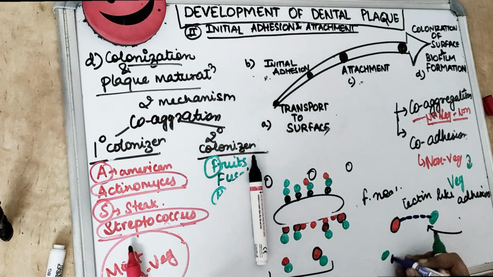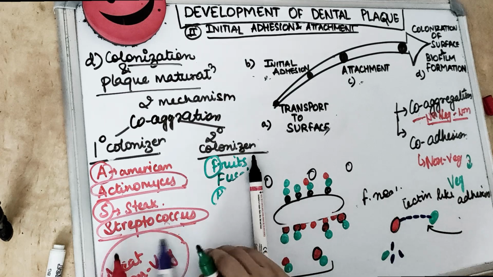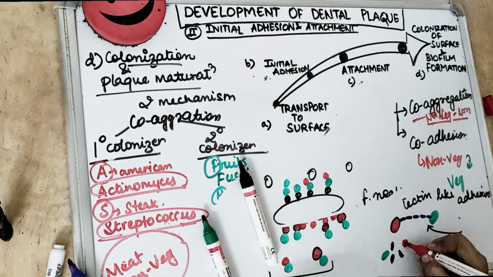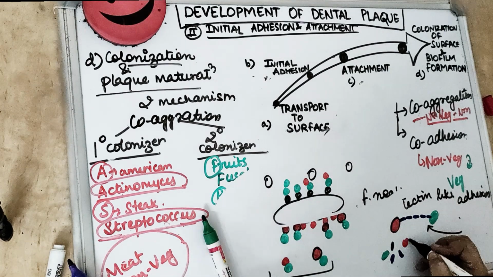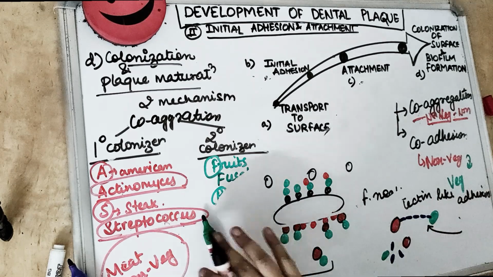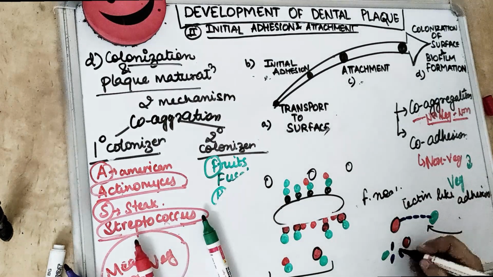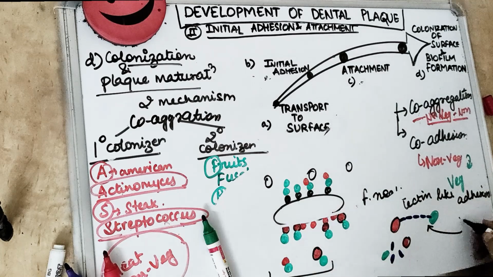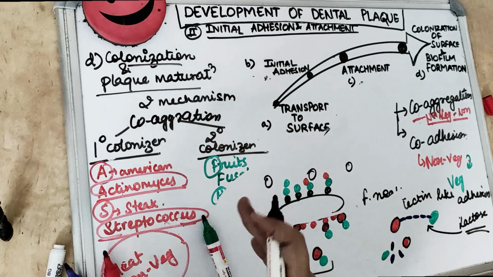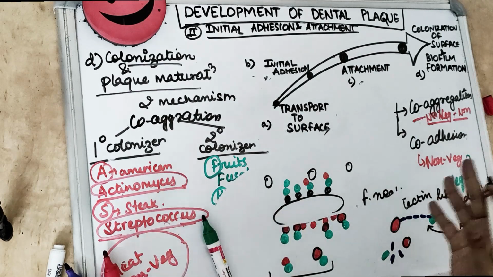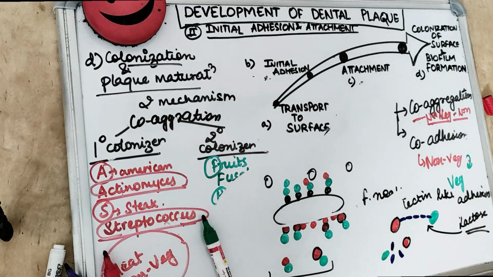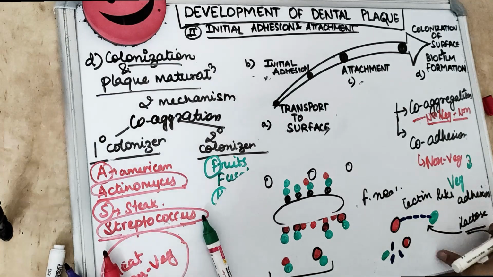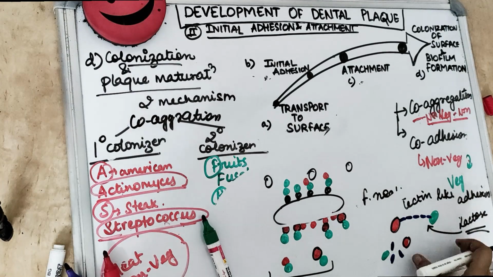So this adhesion is due to lectin-like adhesion, and this separation, once we add lactose, these bacteria get separated. So co-aggregation is inhibited due to the lactose and other glycosides. So the co-aggregation breaks because of the lactose.